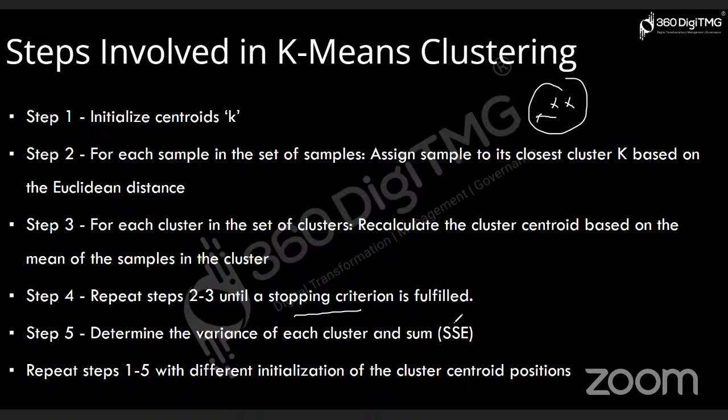Once this is done, next we will find the variance of each cluster and sum it, and this is done until we find the best cluster. These 5 steps will be done again and again with different initialization points. If you run k-means once, it will give some value.